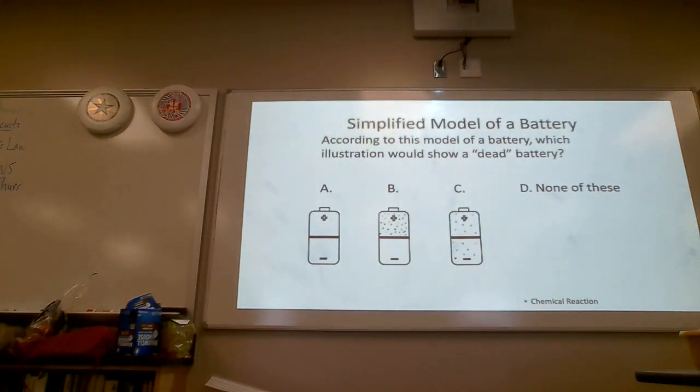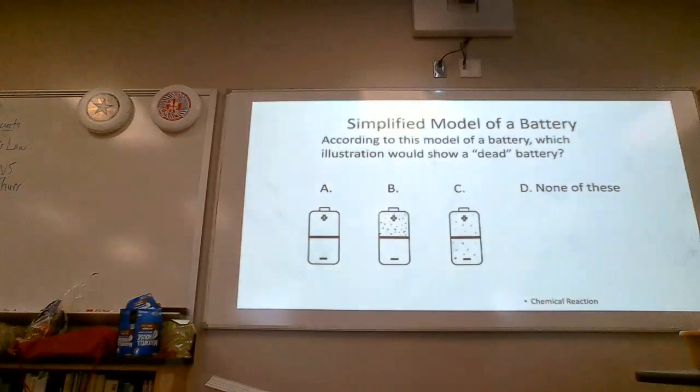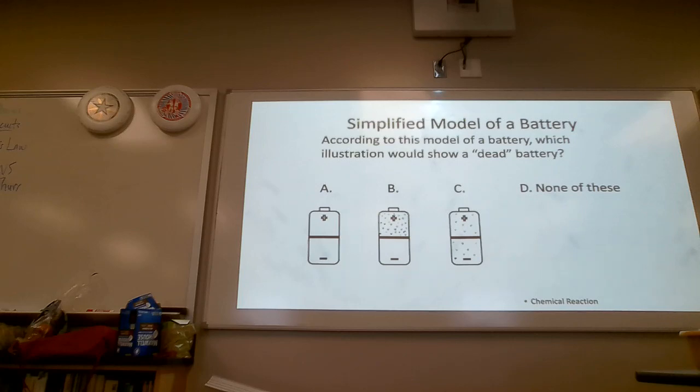You remember salt bridge? That was how batteries work. There's a chemical reaction. The correct answer is C. Electric potential difference is 0 there, and they're equally crowded.